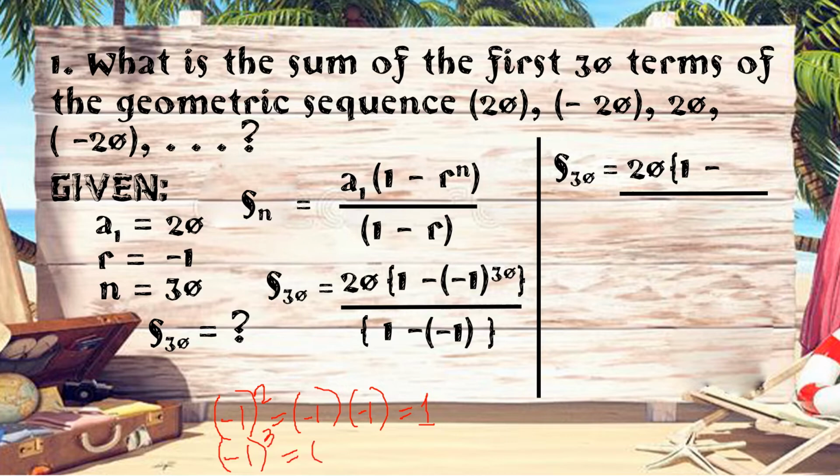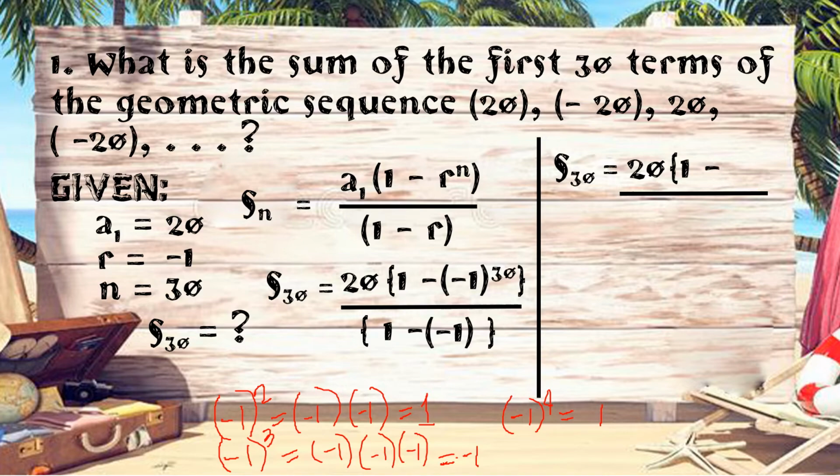That means negative 1 times negative 1 times negative 1, which is negative times negative, positive times negative is negative. And 1 times 1 times 1 is 1. So negative 1 cube is negative 1. How about negative 1 to the 4th power? So, syempre, 1 times 1 times 1 times 1, apat na beses 1 pa rin. Pero tignan natin yung sign.